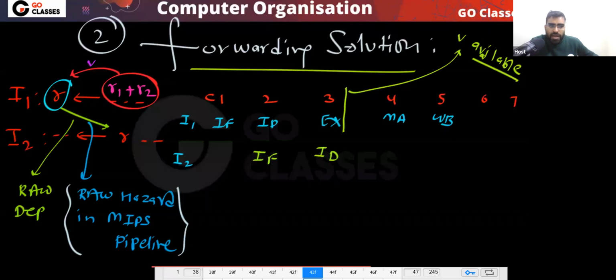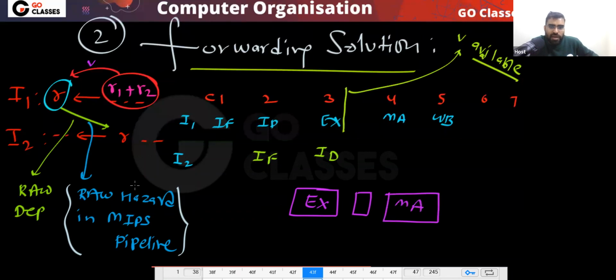So what do we have after the execution stage? Finally, now you will understand the logic of latches. This is your instruction decode stage.